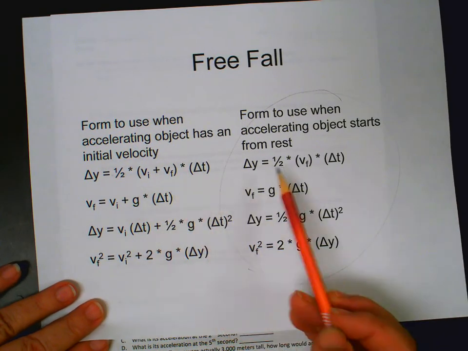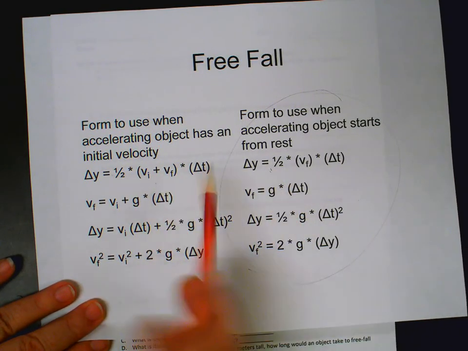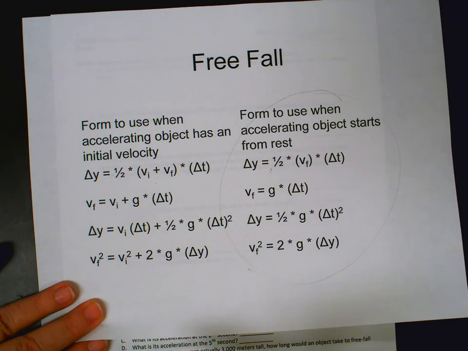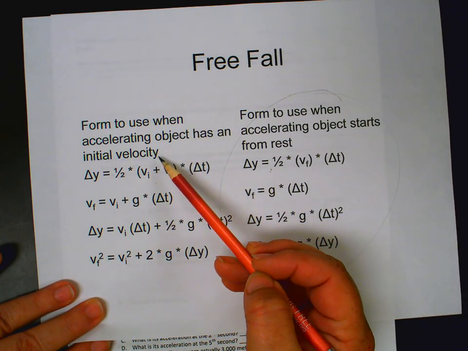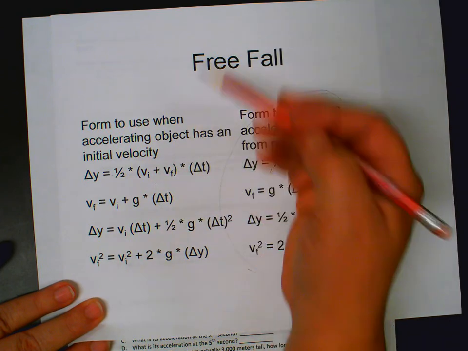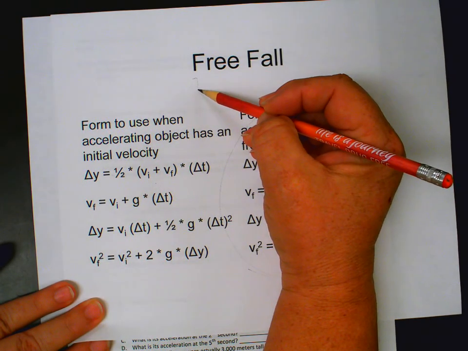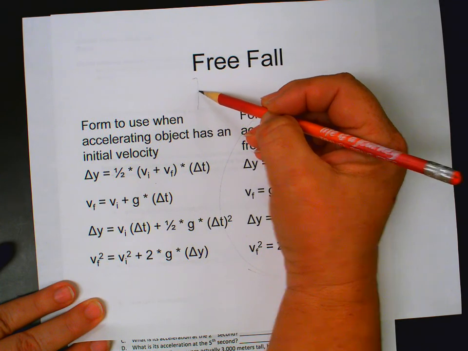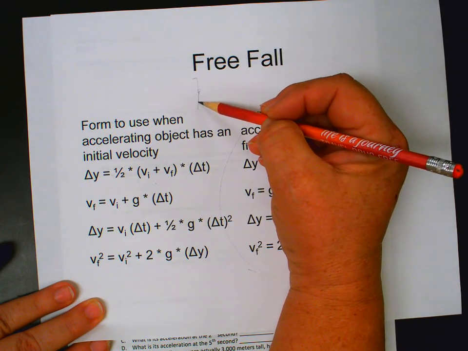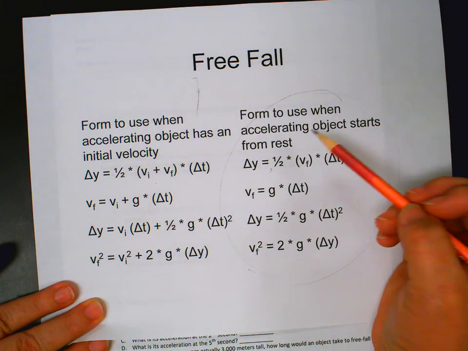This formula and this formula are the same thing. The difference is this one, the object already has an acceleration. It's already falling. And then you're given an initial velocity and it continues to fall.